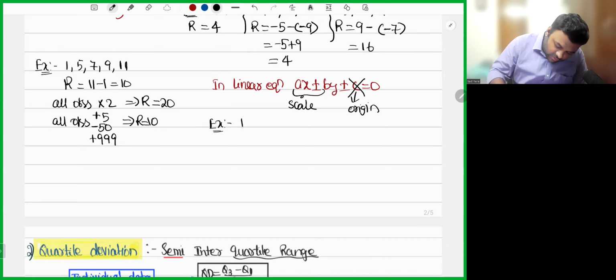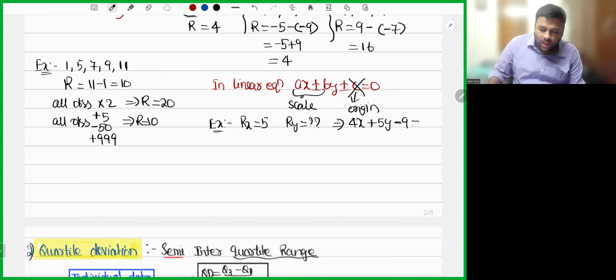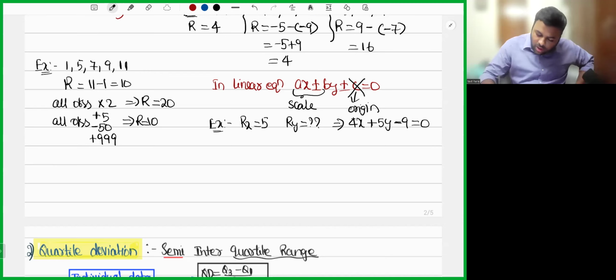Range of x is equal to 5. Find range of y. Relation is 4x plus 5y minus 9 equals 0. Now, what I told you, my dear friends, in central tendency, put the value, get the answer, right? But here, that's not the case. You will not consider this constant.